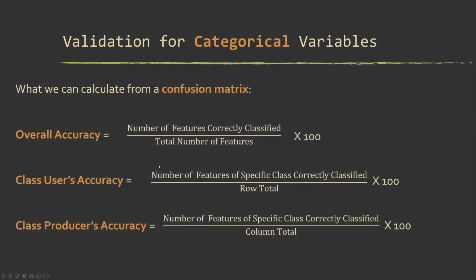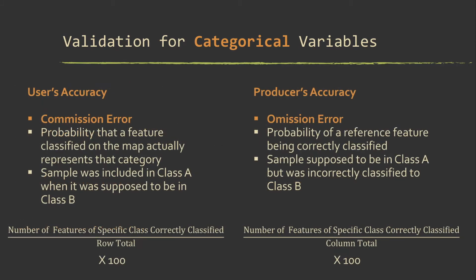So number of correct divided by total number of samples. So that gives you a sense of overall accuracy, but it'd be nice to have finer grain measures to look at accuracy or performance for individual classes. And that's going to be our user's and producer's accuracies, which we'll look at in the following slides.